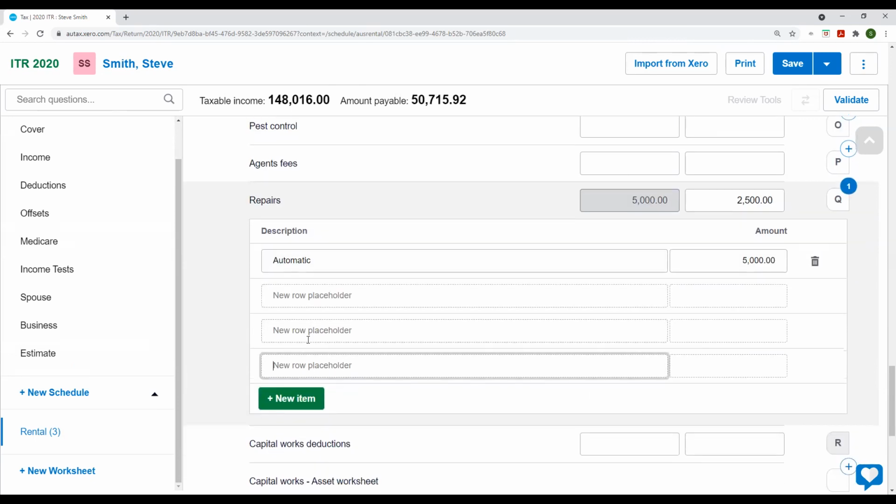But please note that you must have proper substantiation. It means the receipts and payment details, as well as making sure that this is repairs. Repairs and improvements are two different things. Repairs can be deductible under the rental schedule here. If it's an improvement, like an extension of the kitchen or a new pergola, this will all be considered an improvement that should go to depreciation, which you deduct over the years.